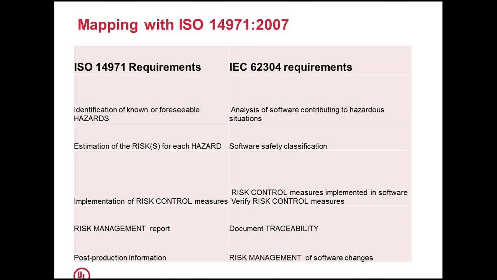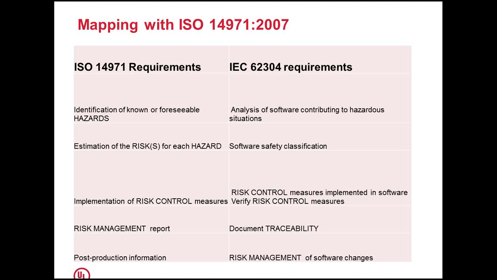Identifying non-foreseeable hazards: here it is talking about analyzing the software contributing to hazardous situations. Analyzing software contributing to hazardous situations is what happens if the software fails, what if the hardware fails, what is the hardware support for the software, and what happens if it fails.